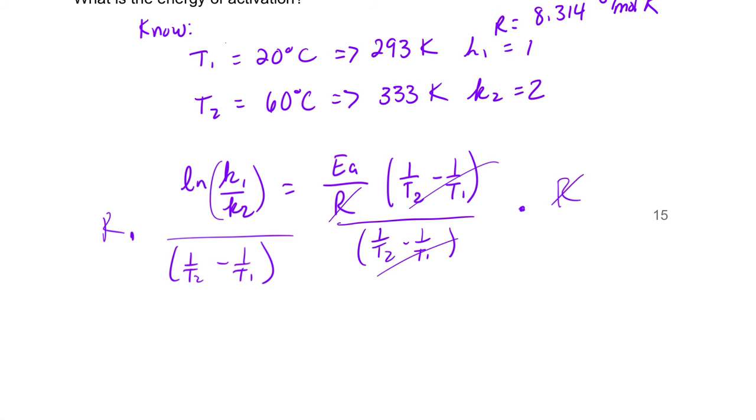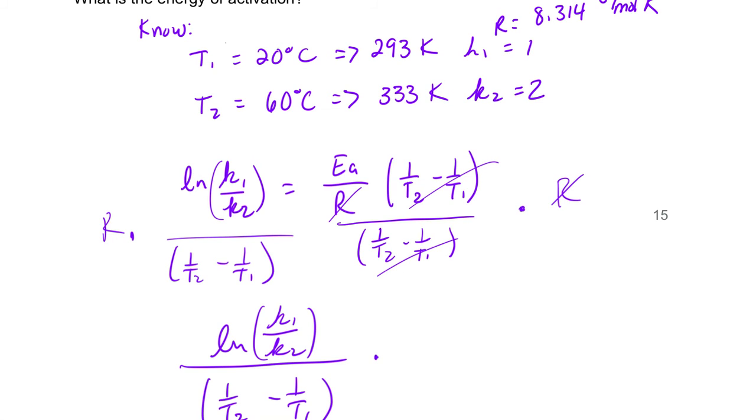So I'm going to rewrite this to make it look a little prettier. We're going to have natural log of K1 over K2 divided by 1 over T2 minus 1 over T1 times R is equal to E sub A, the activation energy.